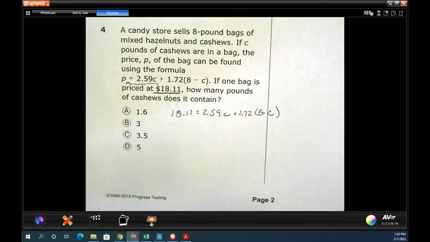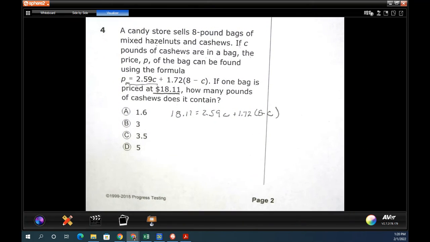You just got to do what? No. What's the overall concept we're looking to do here? Not simplify. We got an equal sign. All you got to do is solve it. Do you know how to solve equations? Where do we go solve equations? Put it in your calculator. Let's go.